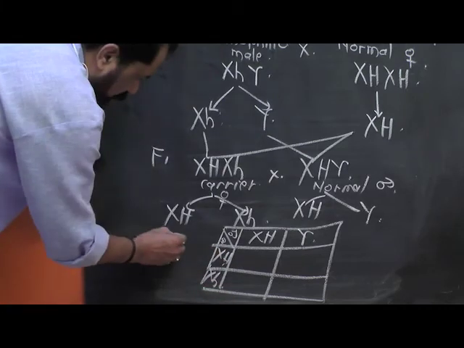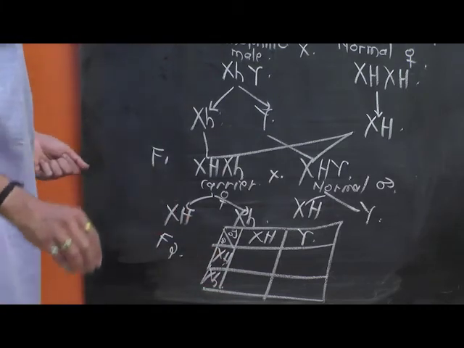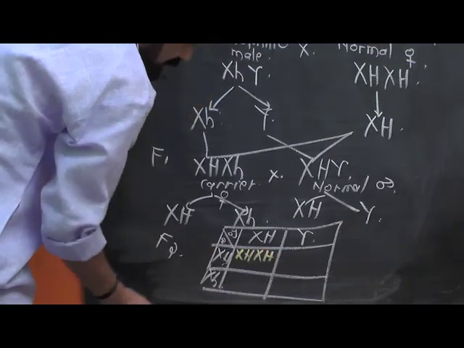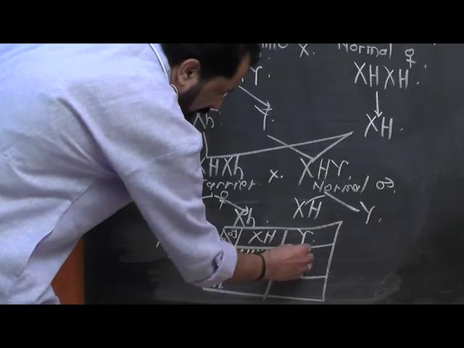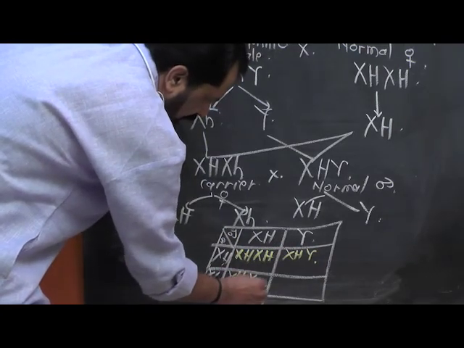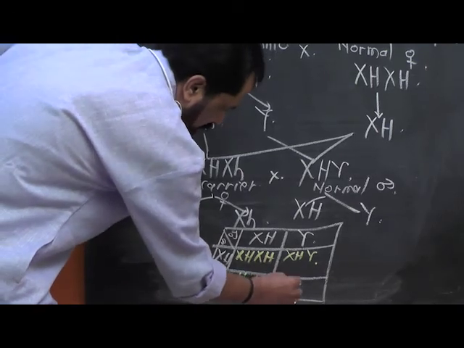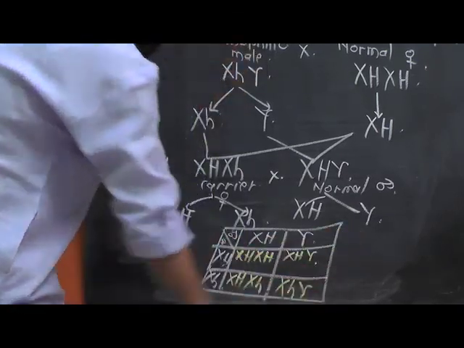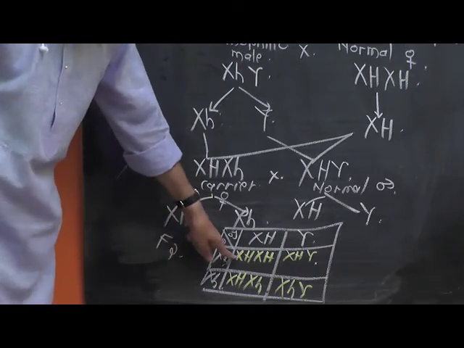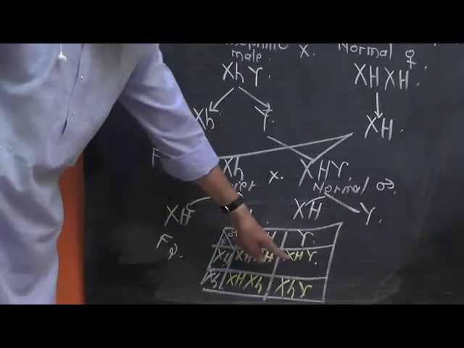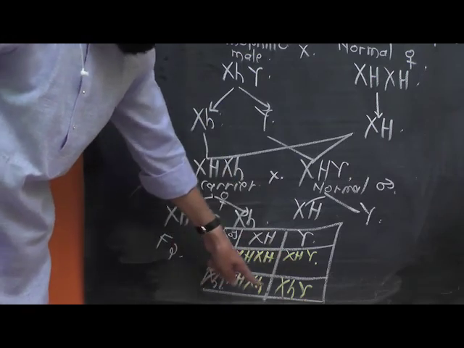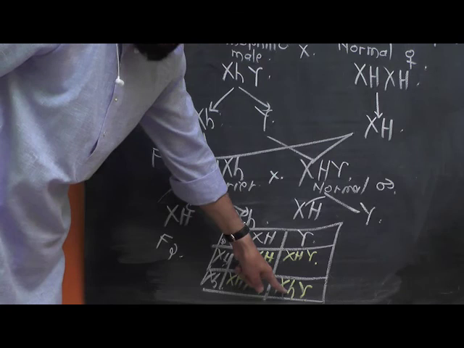So the genotype of F2 individuals: X capital H X capital H, X capital H Y, X capital H X small h, and X small h Y. Again here this female normal, male normal, this female carrier, and this male hemophilic.